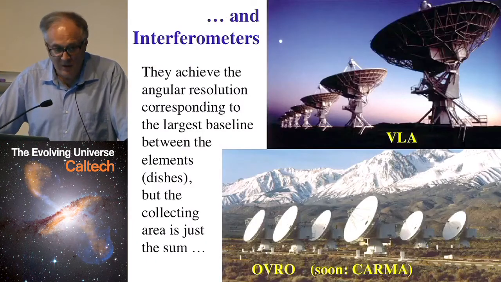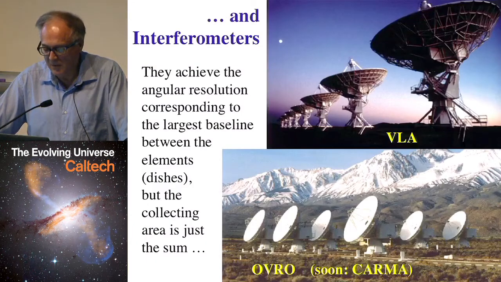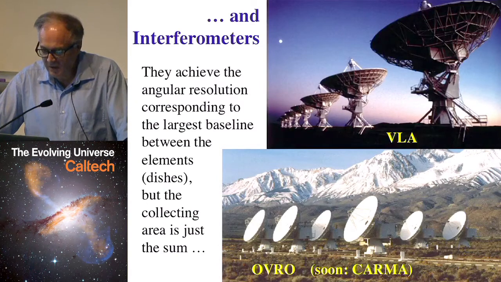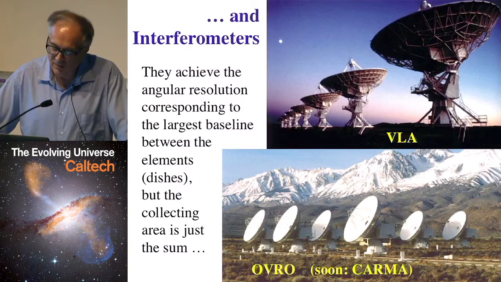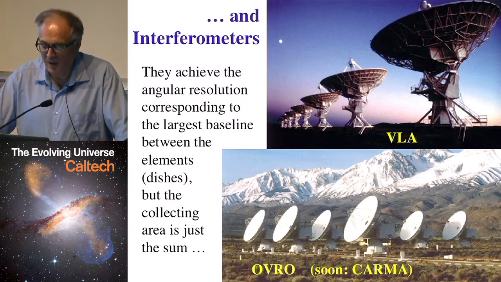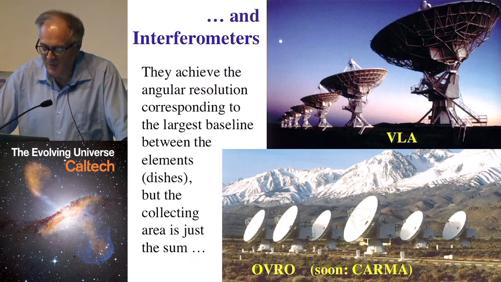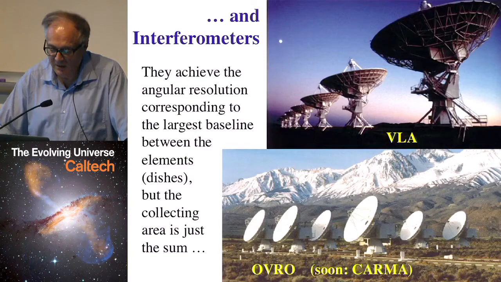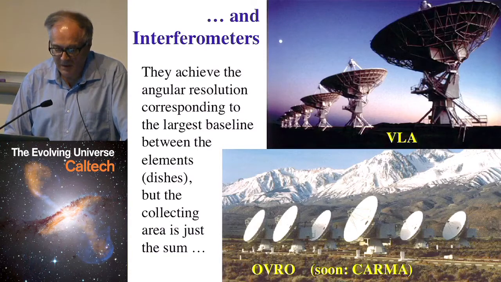To make radio images, we use interferometers, and there's the VLA on the top, which is probably one of the most productive ones ever. There's also our very own interferometer. Well, this is an obsolete picture. It's now CARMA. It used to be OVRO, Owens Valley Radio Observatory. And there you have multiple individual radio telescopes, and their signals are combined in a way that I'll explain in a second to give you higher resolution.